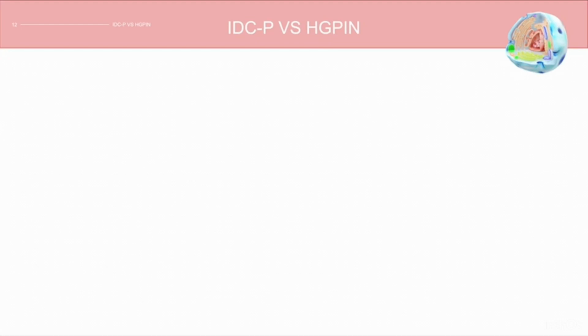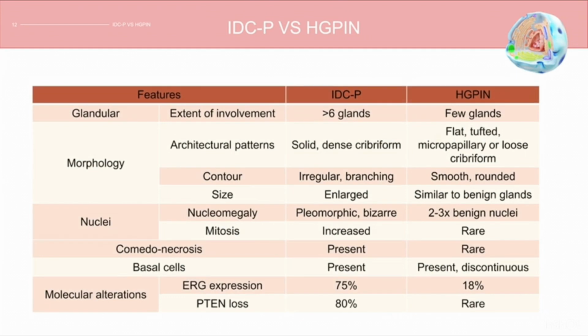Now coming to intraductal carcinoma of the prostate versus high-grade PIN, how will we differentiate them? In extent of involvement, usually IDC-P involves many glands and HGPIN involves only very few glands.